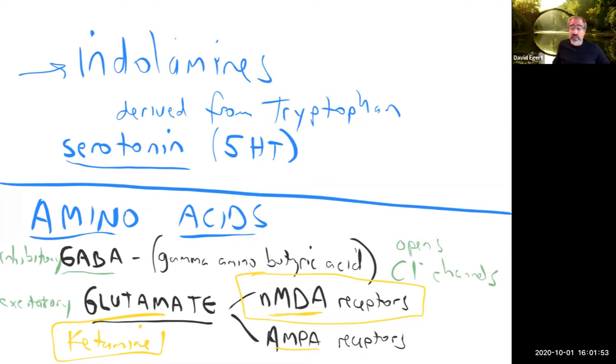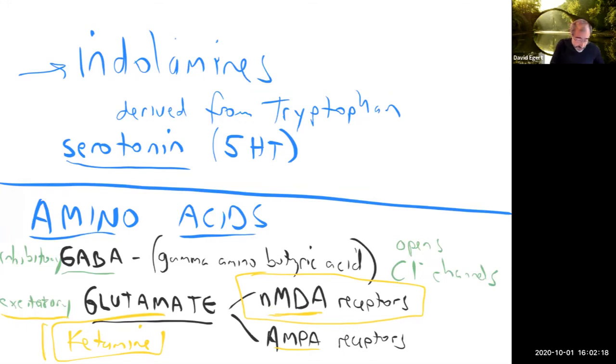What is the effect going to be if you are blocking NMDA receptors? Maria? Inhibitory? Yeah, so since normally these are excitatory pathways that are transmitting messages from one place to another, you're going to block the transmission of those messages.